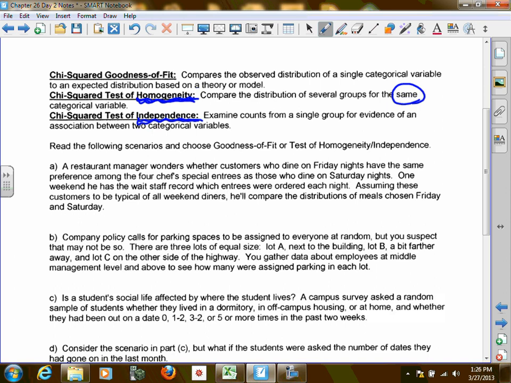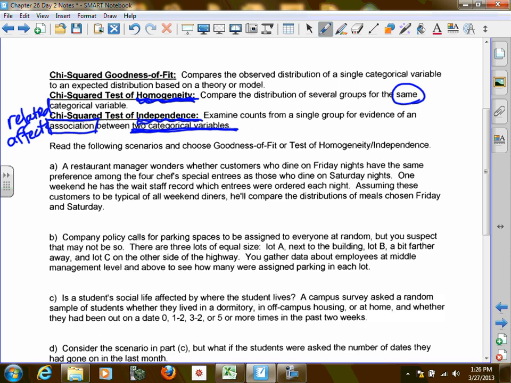If the question is wondering if there is a relationship or an association, if one affects the other, then we're wondering if those two things are independent of each other. And when I say those two things, we have 2 variables with categories.